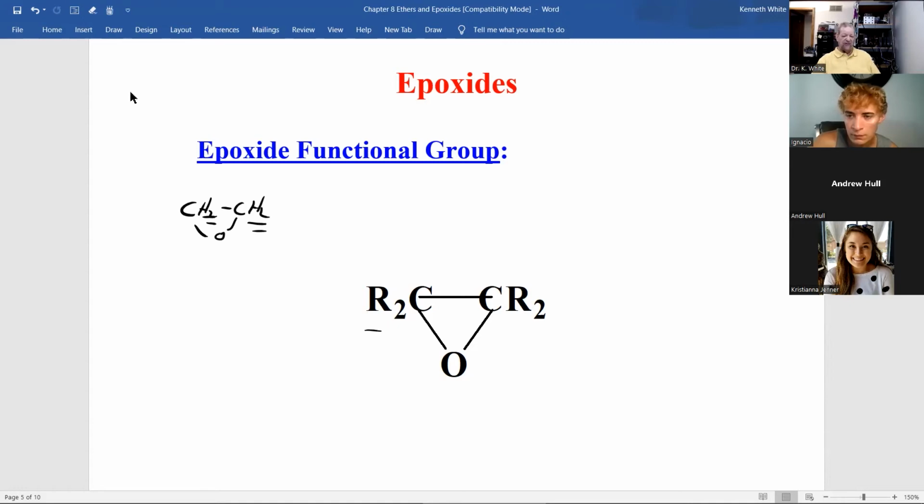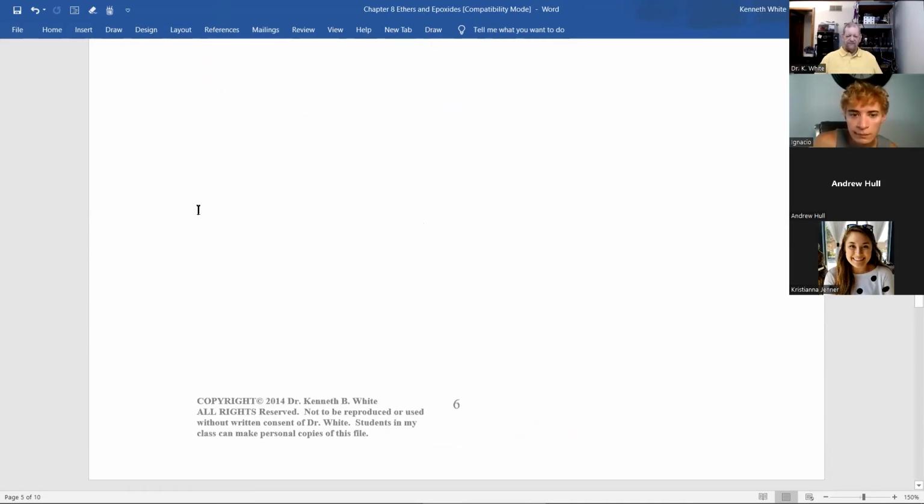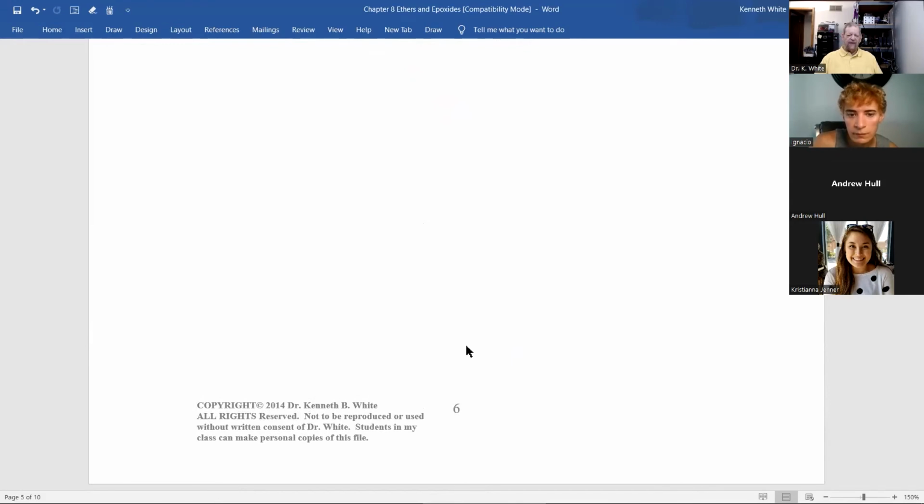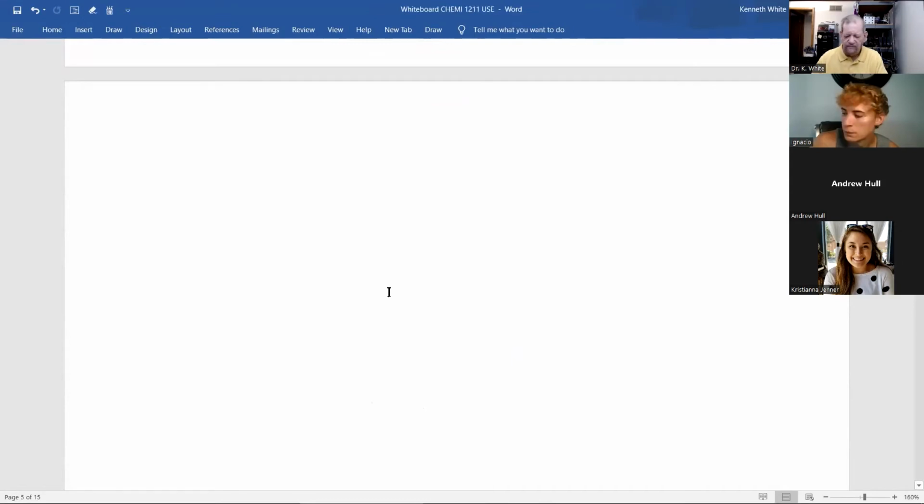They can be the same or different. For this class, I'm going to stick to simple ether, and that's this one right here. Now, this molecule, which I don't ask you to learn the name, I'm not even going to names of ethers, is called ethylene oxide.